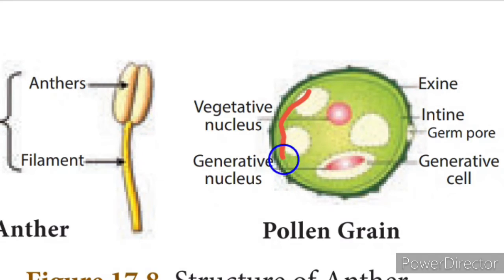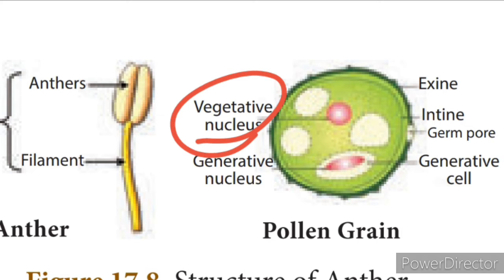The inner thin layer is called the intine, right? This is the innermost layer, and this layer is thin and continuous, and it is made up of cellulose and a material called pectin. If you see the matured pollen grain, inside you can see two cells, the vegetative nucleus and the generative nucleus.